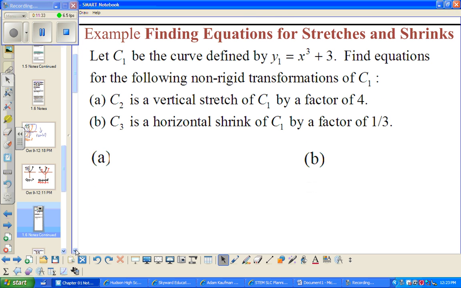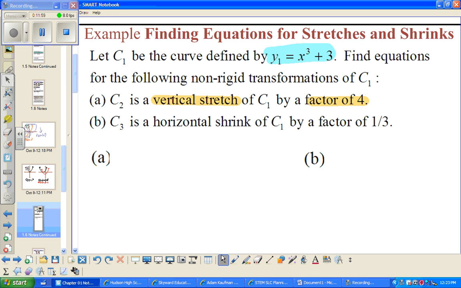So right now I'll go through an example of finding equations for stretches and shrinks when I describe the transformation that I would like. The equation you're going to start with is y equals x cubed plus 3. What equation would you write if I want a vertical stretch by a factor of 4?